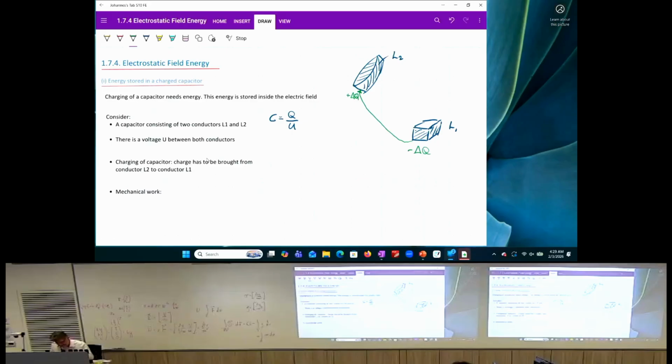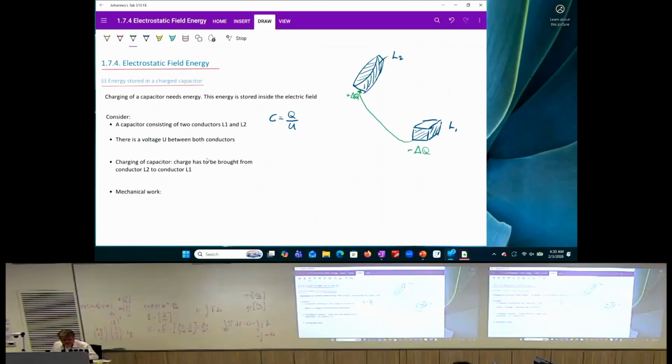So now the question is, how easy is this? Well, for the first one it is actually quite easy, because you can assume that there's no charge on either of these electrodes when you start. The capacitor is formed by the arrangement of these two electrodes, but since there's no charge initially on either of them, there's also no electric field between these electrodes.